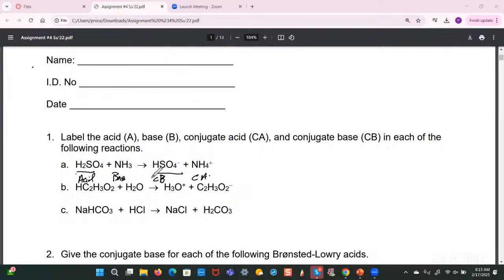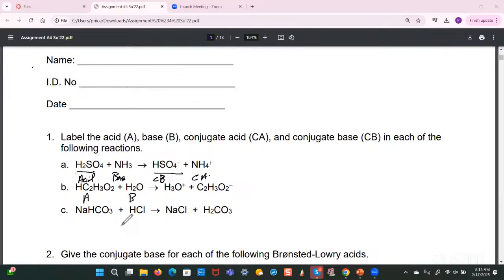Okay, what about B? If you understood what we did in A, then what would you say is the acid in the case of B? Exactly, so this would be the acid, HC2H3O2, which means that the water would be the base, all right?